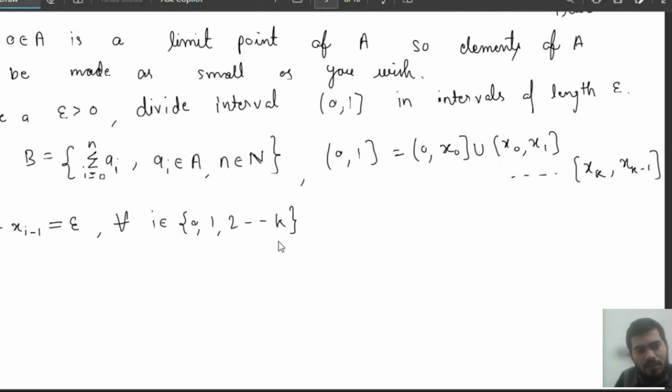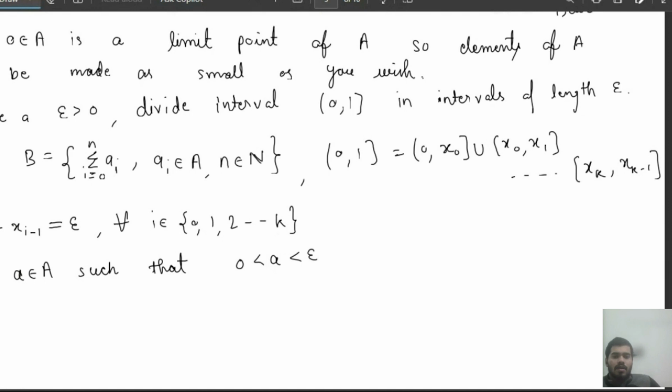There exists a belonging to A such that a is less than epsilon. Is it correct? And obviously a is greater than 0. Is it possible or not for any given epsilon?